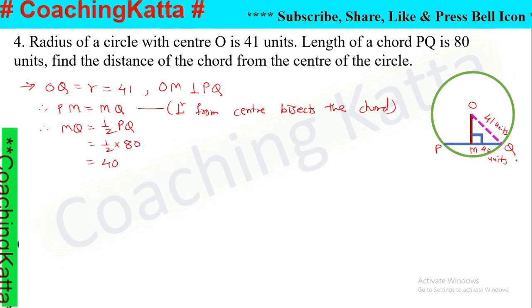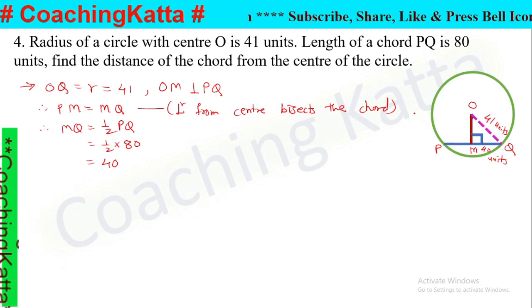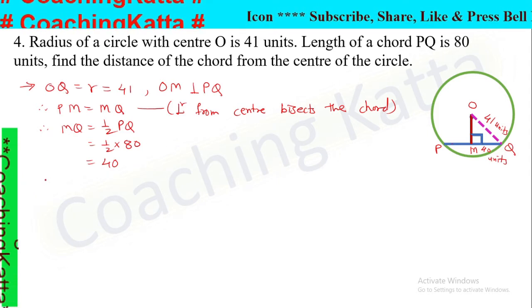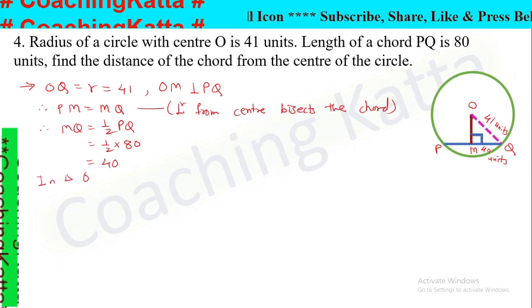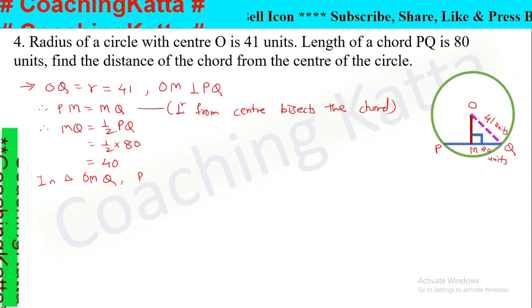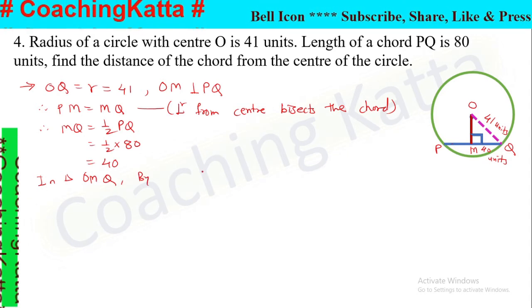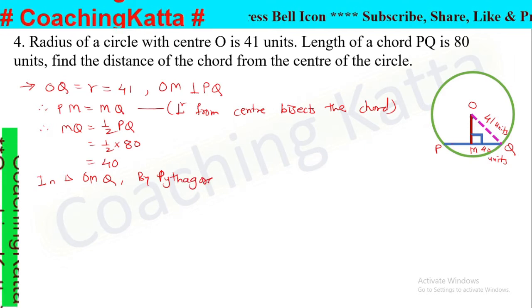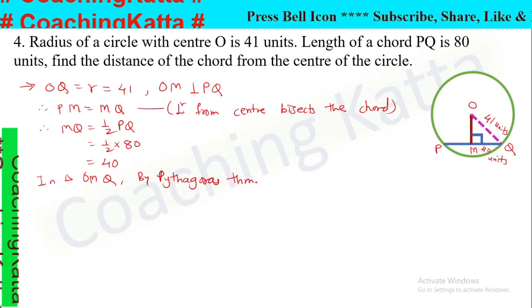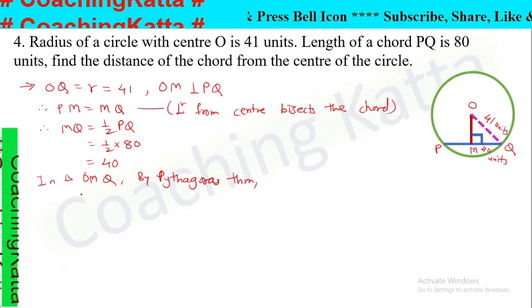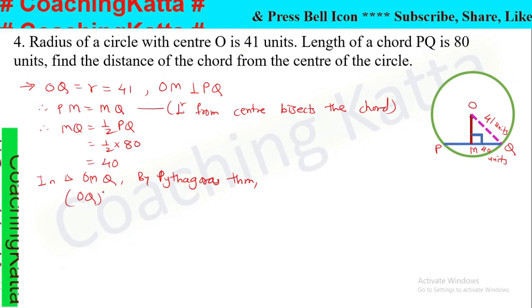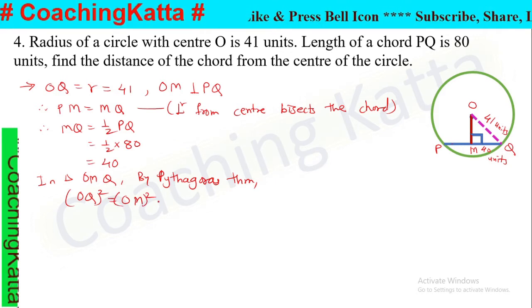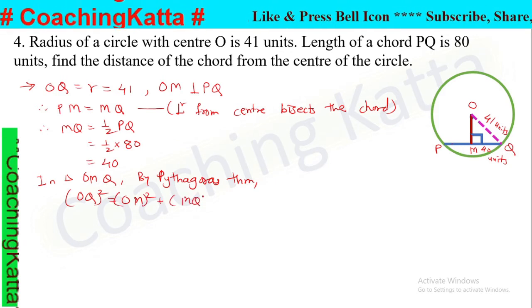So right here, 40 units. Now in triangle OMQ, by Pythagoras theorem, OQ square equals OM square plus MQ square.